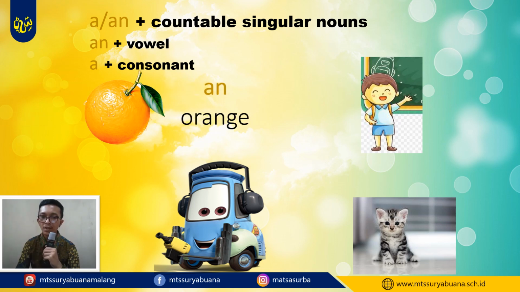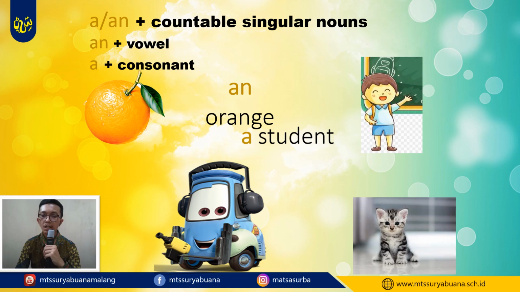The example, you can see the picture here, is an orange. If you want to say that this orange is only one, you can say an orange. We use an because the first letter here is O. O is a vowel, right? So we use an rather than a. So, an orange.